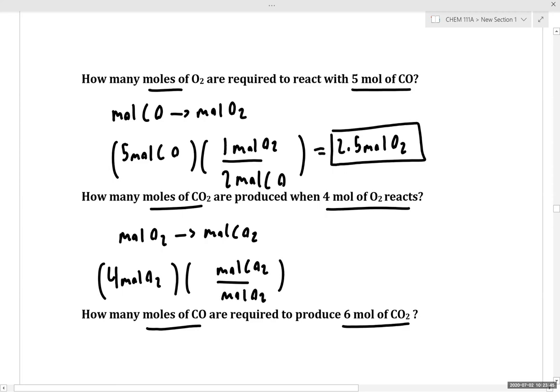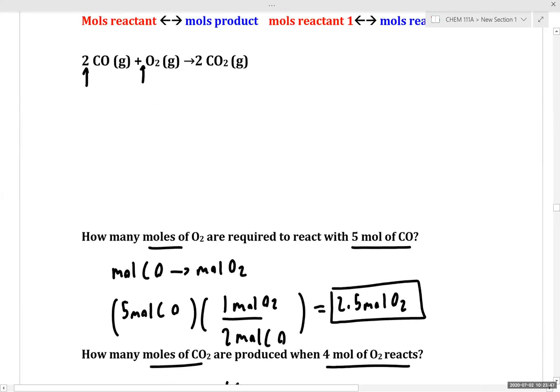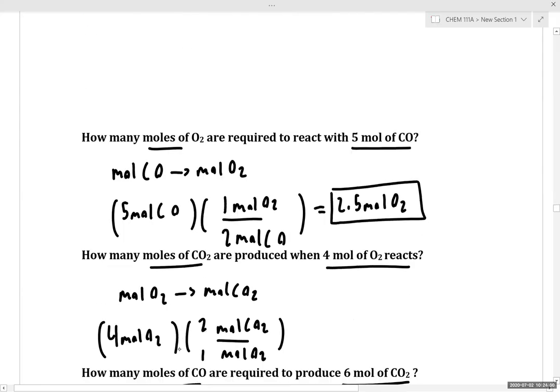What is our mole to mole ratio of carbon dioxide to oxygen? 2 to 1. So multiplying it out, we get 8 moles of CO2.